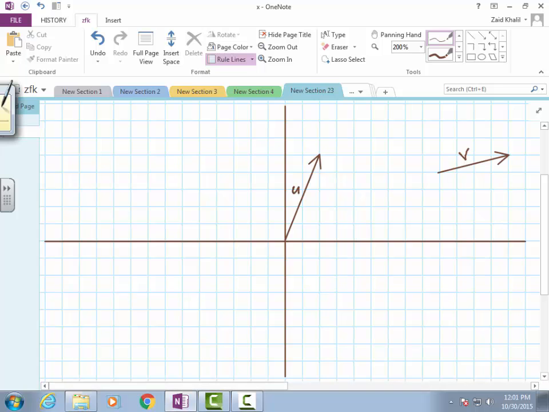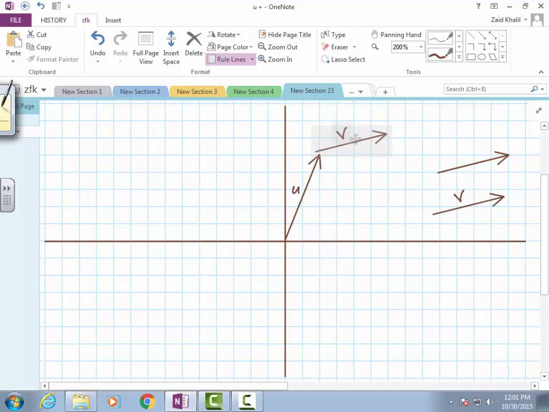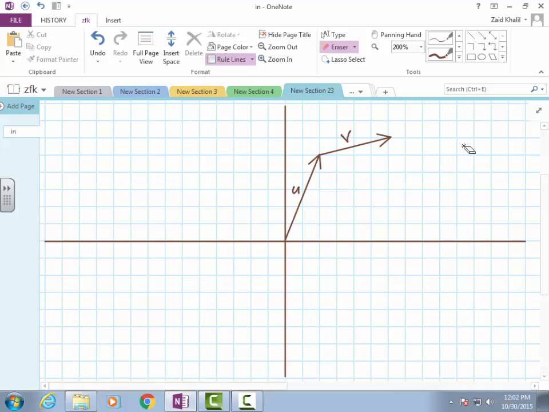I translate v, so I'll copy it, paste, and I can translate that. And notice, what can I do with these guys? Oh, I can do that, but what can I do with each of these vectors?